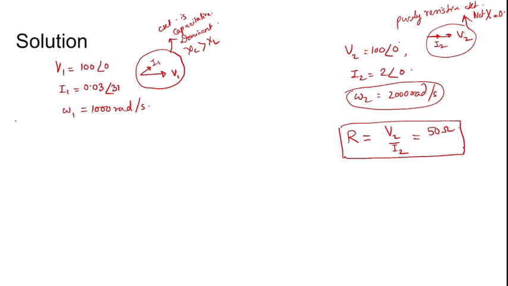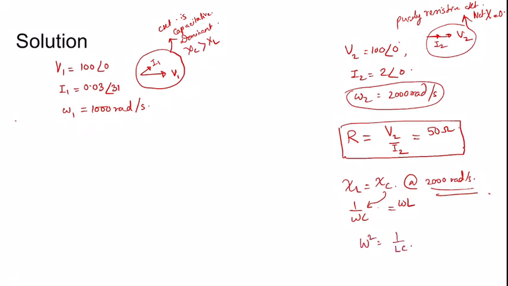That at this frequency, XL equal to XC at 2000 radians per second. So 1 by omega C, which is the capacitive reactance, must be equal to inductive reactance omega L for this omega. So omega value is 2000. So omega square equal to 1 by LC.